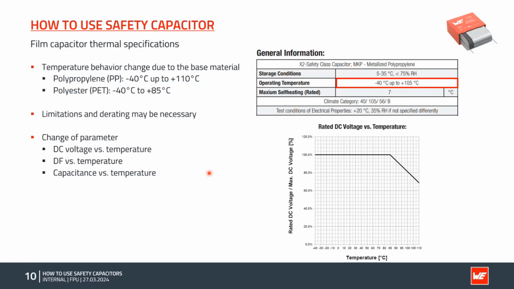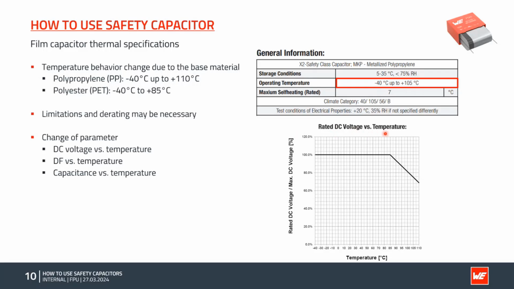Then an important point, especially in regards of the temperature, is that you have to look into the data sheet about the derating, because depending on the operating point or where you want to operate a capacitor, you have to decrease the rated voltage. So there's a diagram or derating curve.